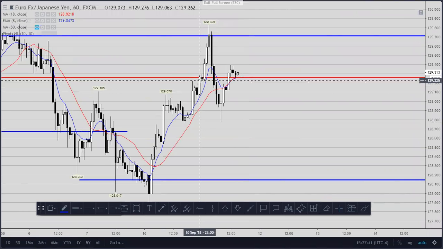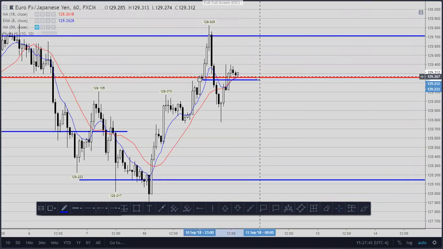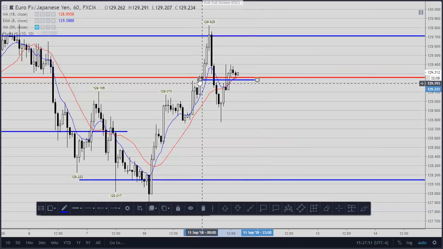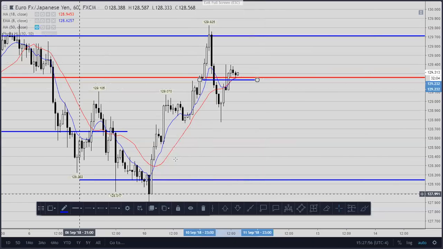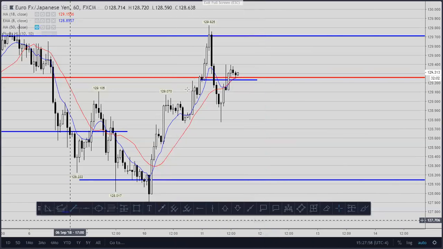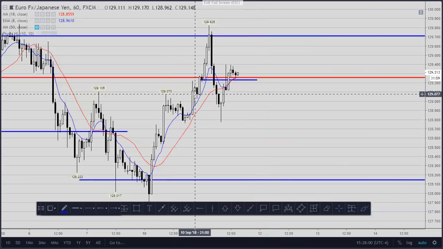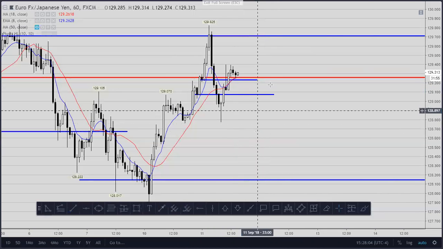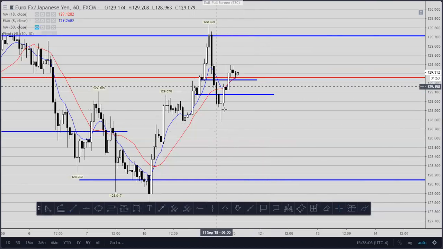So right here we got a hiccup. This was definitely a hiccup at a major area of structure, which is this red line, where price pushed up, gave you some type of pause, and then kept going up. And then we also had one right below it, which is right here. Which indicated to me this wasn't really a break and close.